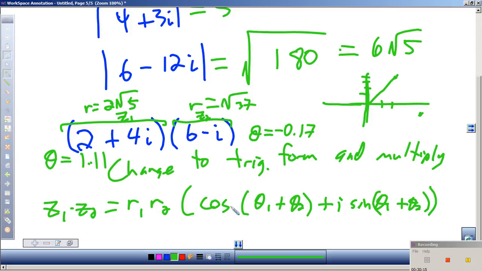Should be fairly simple. And of course, how do you check this? Yeah, multiplying is doing FOIL. 2 times 6, 12, and then 2 times negative i would be negative 2i, minus 4i squared, plus 24i, and then simplify that.